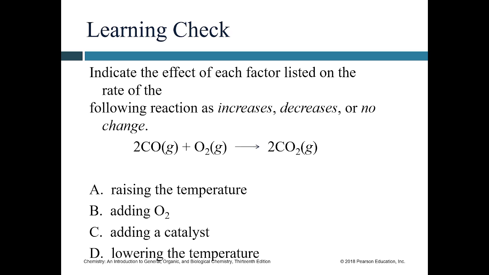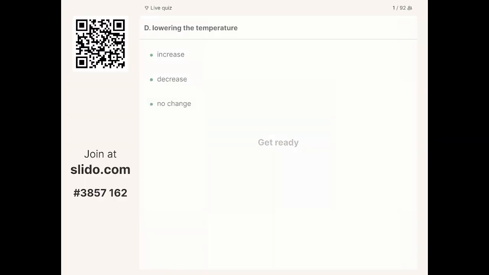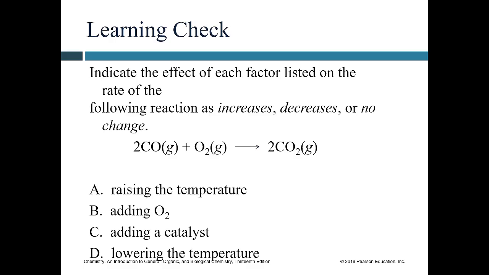Indicate the effect of each factor listed on the rate of the following reaction as an increase, decrease, or no change. So keep that reaction in mind. Lowering the temperature: is that going to increase, decrease, or no change for that reaction?